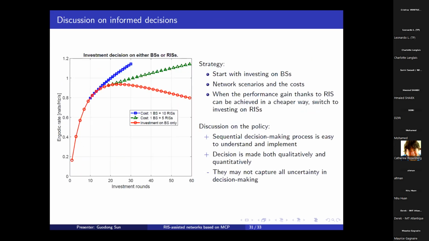Yeah, this one. This red curve is without RIS. And you see that there's a point of inflection. How does this point of inflection shift with the signal attenuation constant?